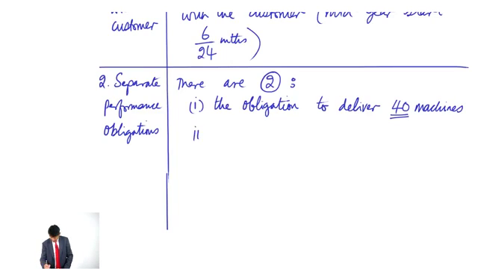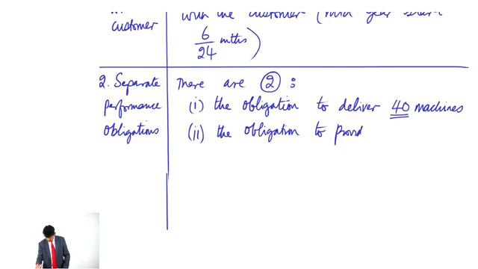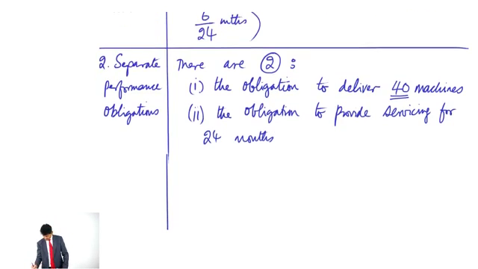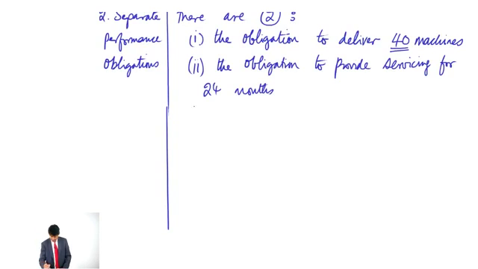And the second one, of course, the obligation to provide servicing. You see? For 24 months, 2 years. Hence the fraction 6 over 24 just now.